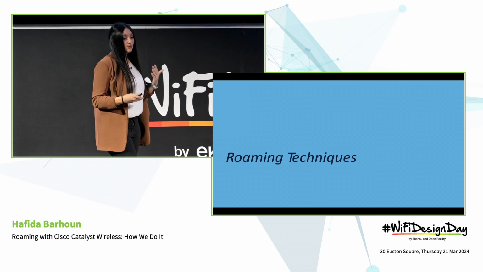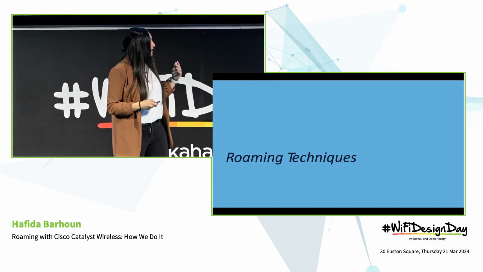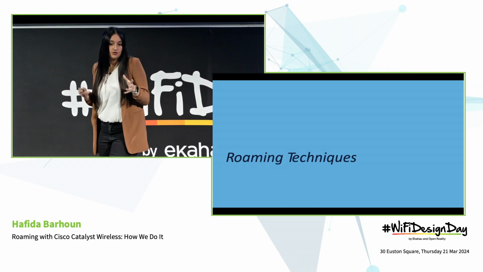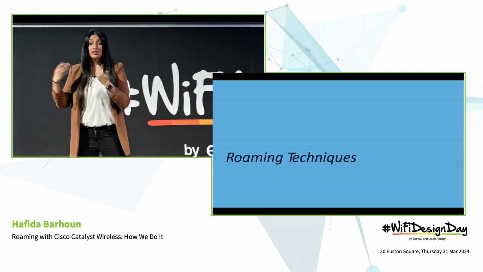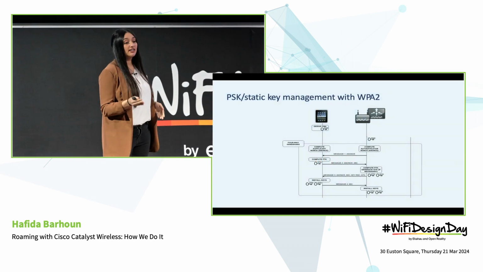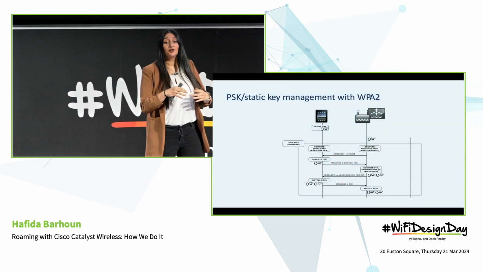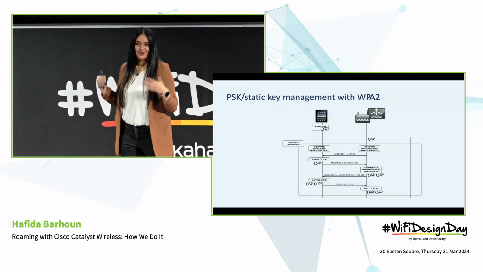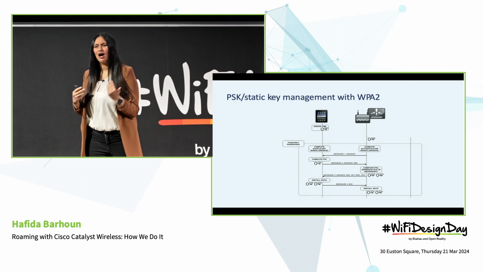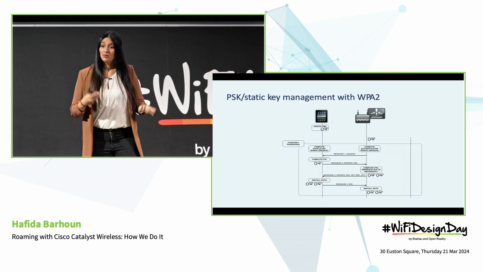So we're gonna see some roaming techniques about how we can achieve the fastest roaming possible after ensuring that by design, my user can see the next AP and roam properly. And the idea here is not to explain all the algorithm of each technique, otherwise we're gonna still be sitting here together tonight, but more to understand how we achieve the fastest roaming possible.